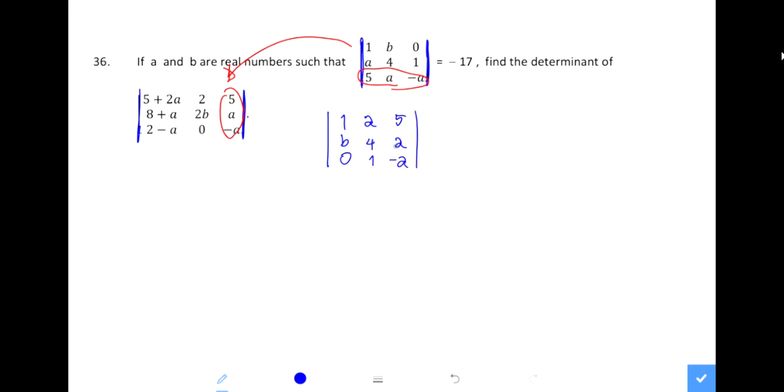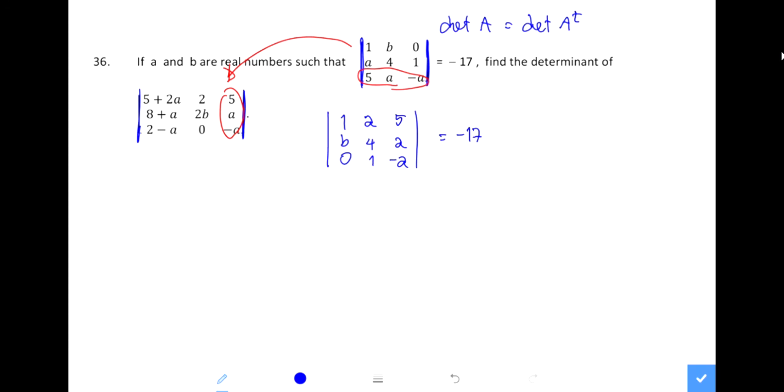So now I have this third column exactly the same as this one. And the determinant doesn't change, because we have a property that the determinant of A is equal to the determinant of A transpose. So I transpose this, I have this column exactly the same as this one, but my det is still the same.